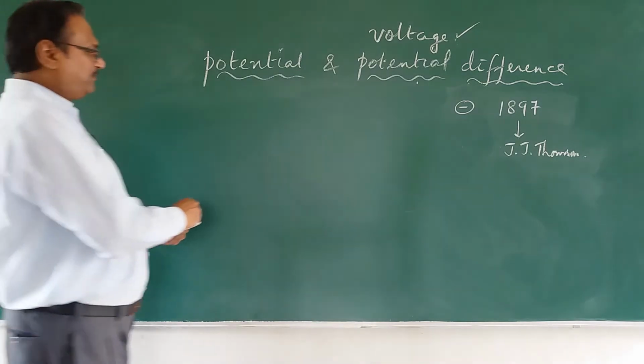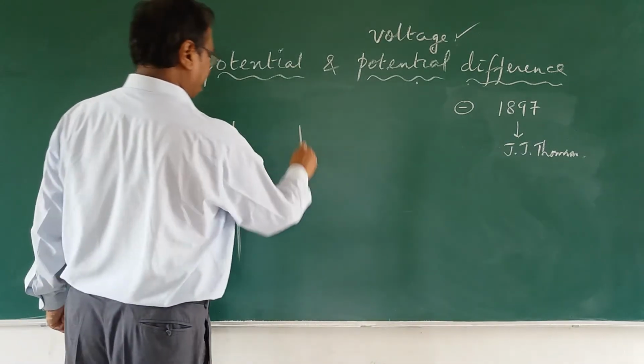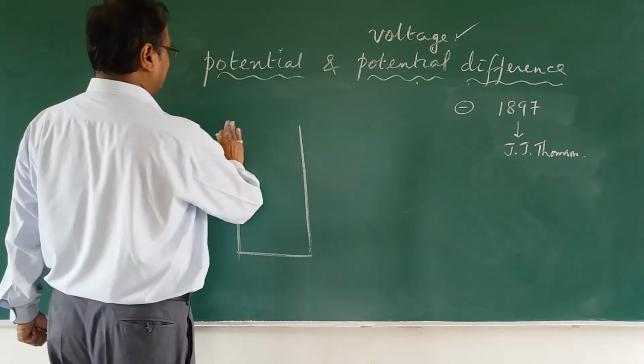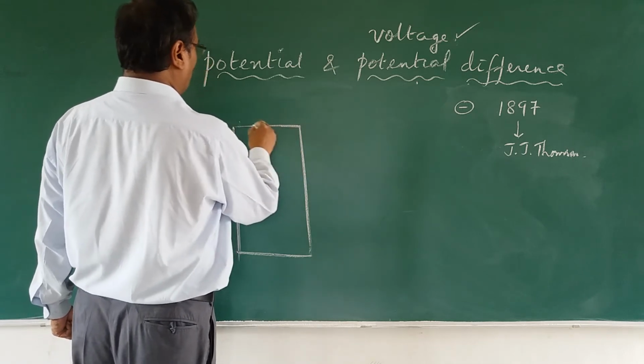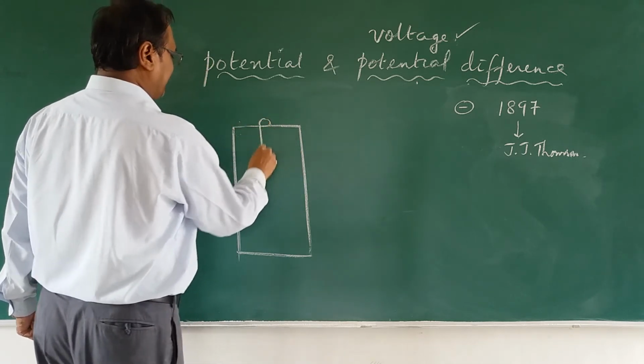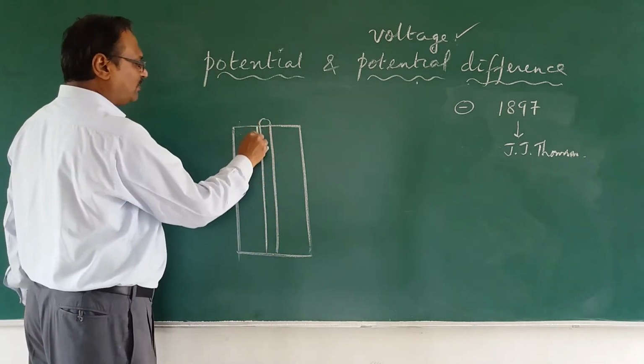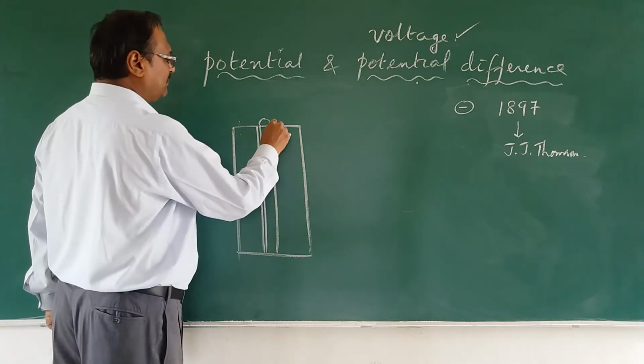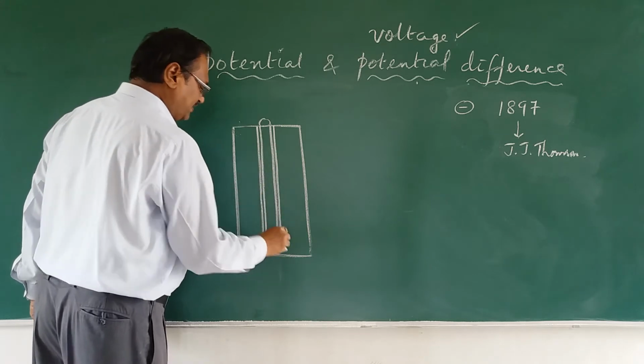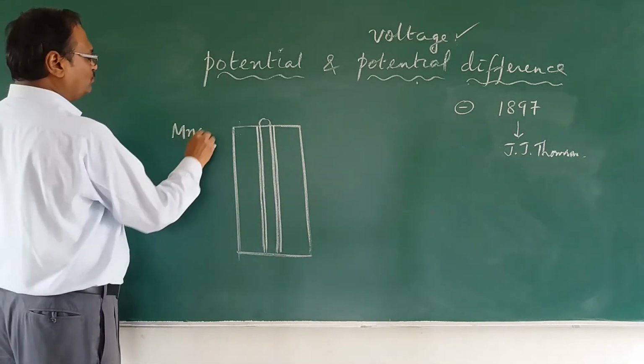See, I am going to take a cell, a big cell like this. You have Novino or Eveready. Take a carbon rod. Surrounding the carbon rod, there is a chemical, manganese dioxide, MnO2.